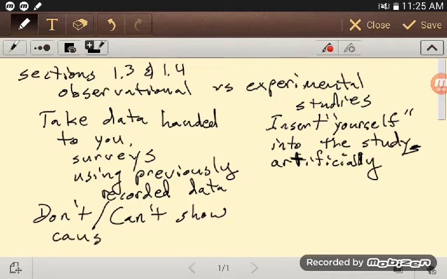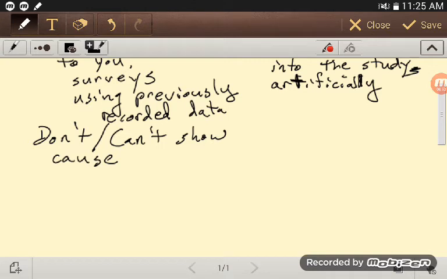Okay, and that's an important thing. Many studies are observational, and so even though we might find that association, that relationship, it's not a cause. And then experiments might show cause.